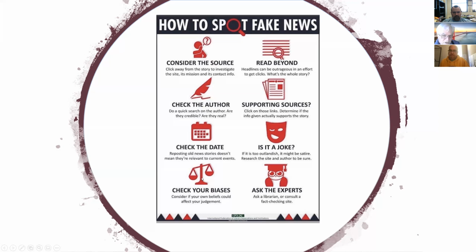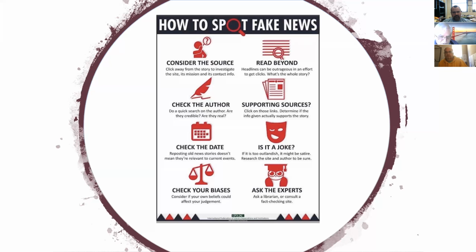Check your biases, see what your own biases are and how they are affecting your viewpoint. Go beyond the headlines. Read the rest of the story, read other material. Are there supporting sources? In science, we always want supporting literature. Sometimes it's a joke, like The Onion.